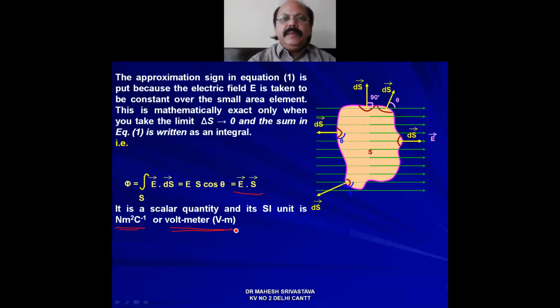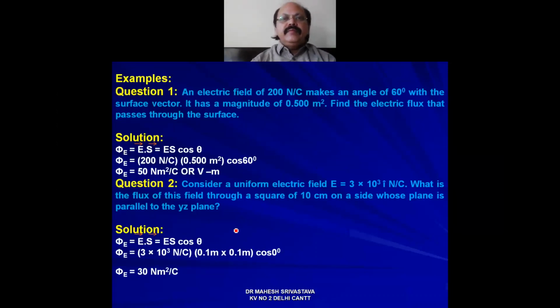Now we take one example, as we are saying that if we tilt the area so that it makes some angle with the direction of the electric field, then how much is the electric flux through the surface. So you understand this by taking two examples here.